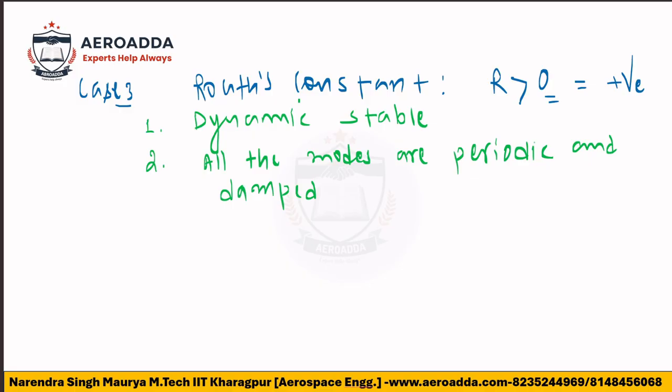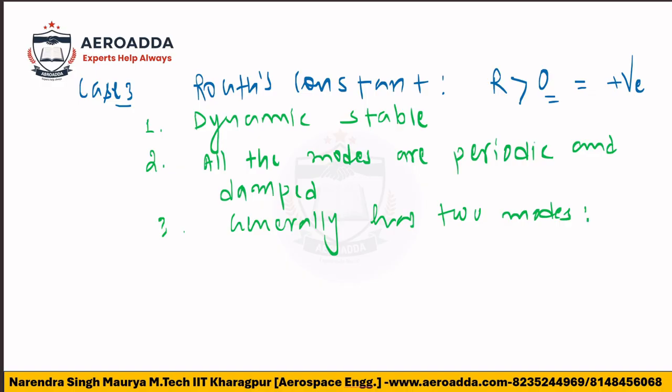One day I explained modes, the types of motion along the axis. The third point is very important: it generally has two modes, phugoid and short period oscillation.